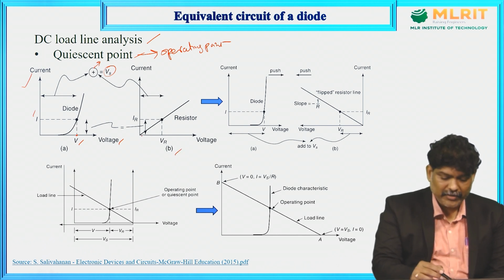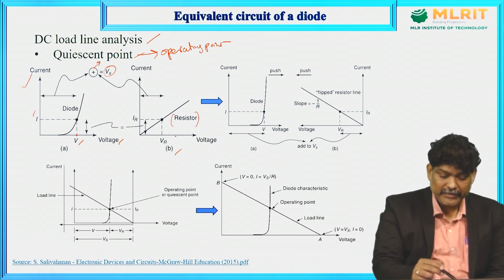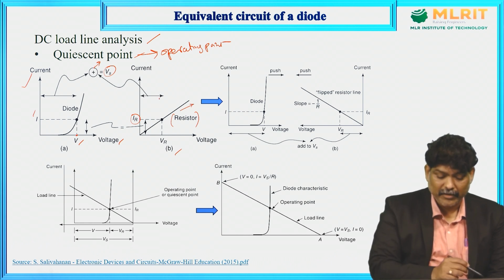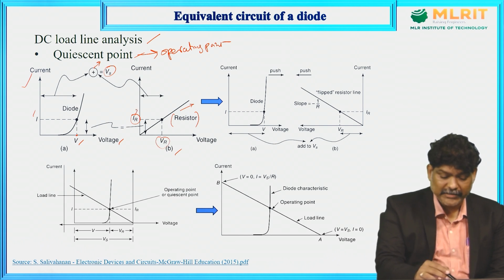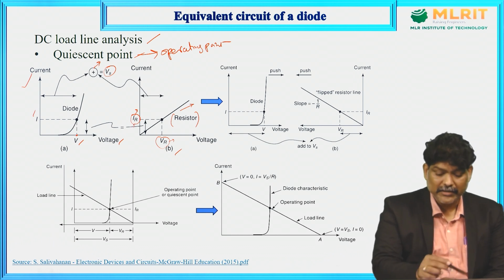In the second figure you can observe a linear graph. This is the resistance line, the VI characteristics across the resistor, with VR and IR being the voltage across the resistor and the current through the resistor.